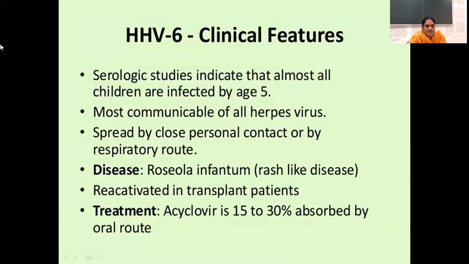Serological studies indicate that almost all the children are infected by age 5, spread by close personal contact or by the respiratory route. It is reactivated in transplanted patients, and the treatment is acyclovir, 15 to 30% absorbed by the oral route. Roseola infantum is the disease which is caused by human herpes virus 6.